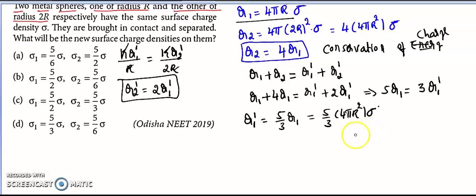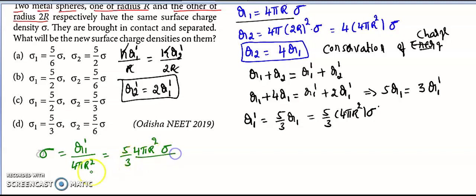So the next one is sigma, the surface charge density. The surface charge density sigma is equal to charge Q1 dash divided by 4 pi R square. What is the Q1 dash value? Q1 dash value is 5 by 3 into 4 pi R square into sigma, divided by 4 pi R square.